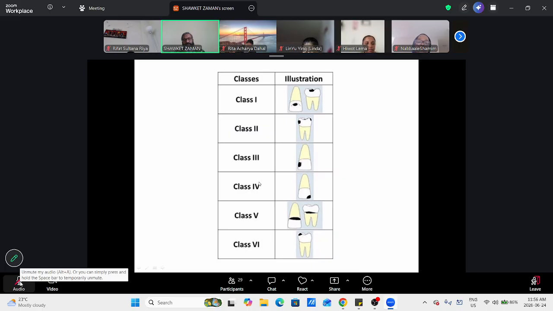Class 4 cavity and class 3 cavity, the only differentiating point is the caries extending onto the incisal surface. When you see that the caries is present on the mesial surface or even the distal surface, but it extends all the way toward the incisal edge, that is actually known as class 4 cavity.